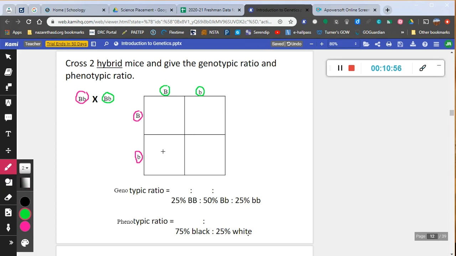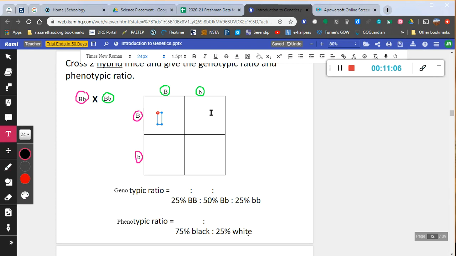So again, what we're going to produce on the inside are the possible combinations that we could see in our offspring. So in box number 1 here, I'm going to see capital B, because that is what each parent is able to provide to this particular offspring.